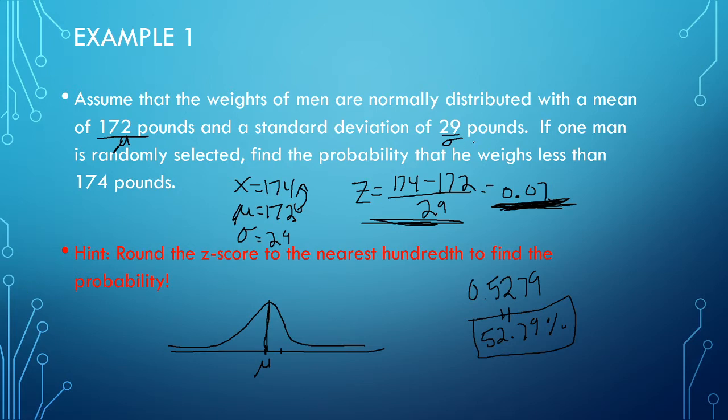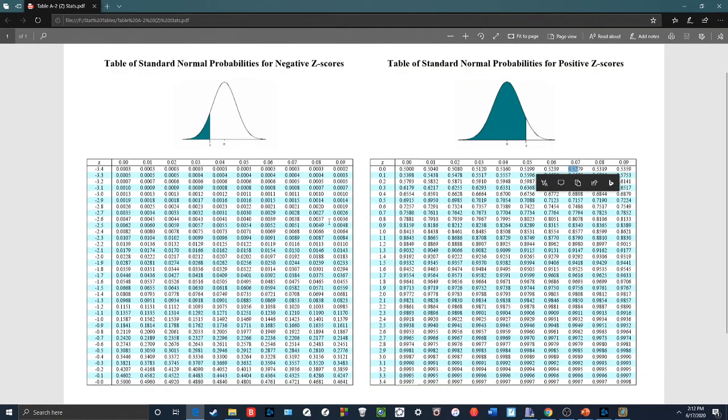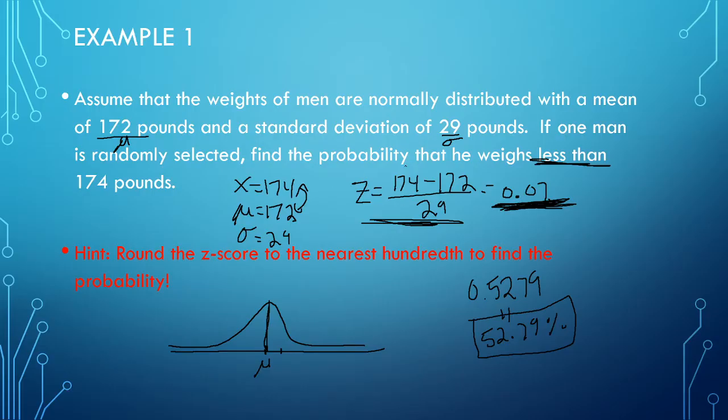Now again, this was a less than one. Remember, your z-score table here is made for less than problems because it gives you the area to the left of the value. Or again, area means probability, so it gives you the probability to the left of the value. If I asked what is the chance that they pick somebody that weighs more than 174 pounds, then I would have to take this and subtract it from 100.